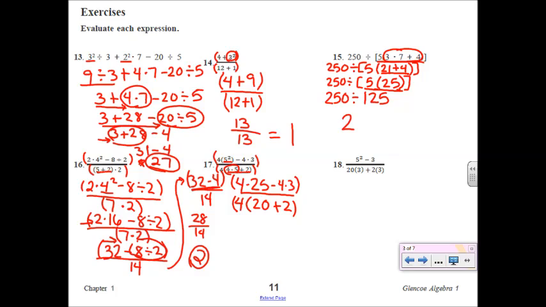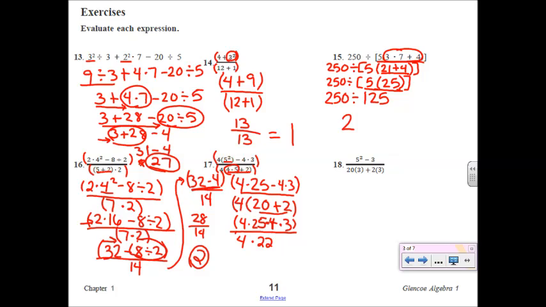Then, inside parentheses, I have 20 plus 2 that I'm going to take care of next. So I have 4 times 25 minus 4 times 3 over 4 times 22.